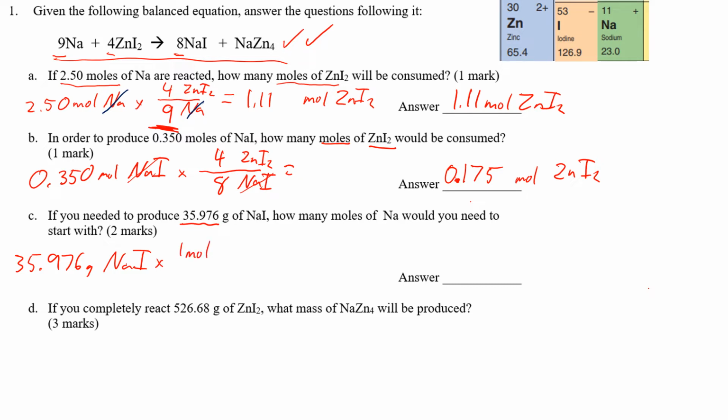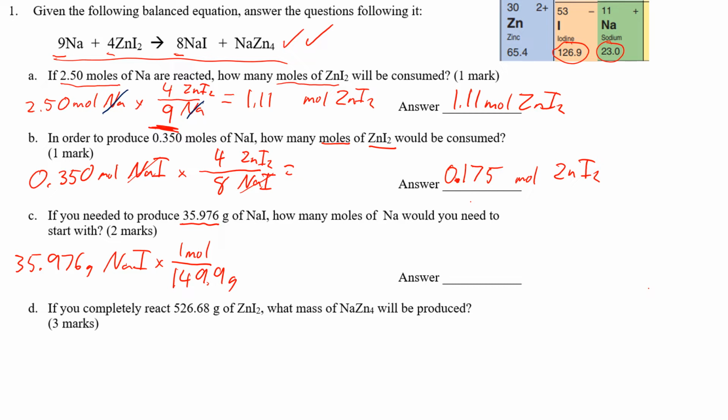So 1 mole is equal to the molar mass of NaI. Na is 23, I is 126.9, so that's going to be 149.9 grams. After doing this calculation, it'll now be in moles.